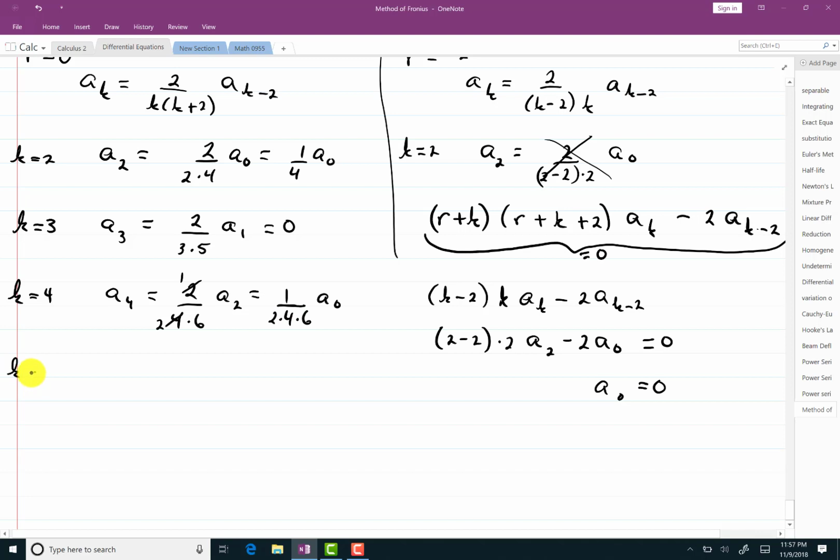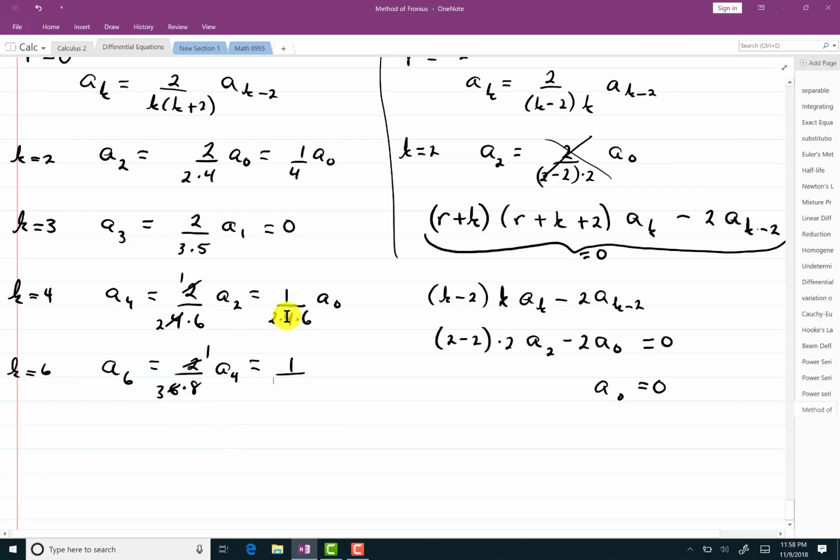K equals 6. I have a sub 6 equals 2 over 6 times 8, a sub 4. And we see what that one is. Let me do a little canceling first. To be honest, I'm just going to multiply it out.